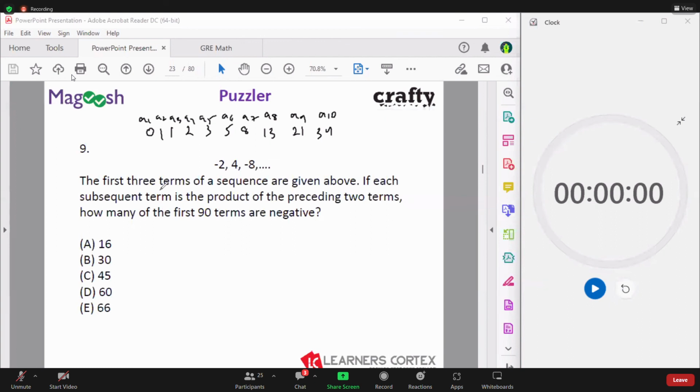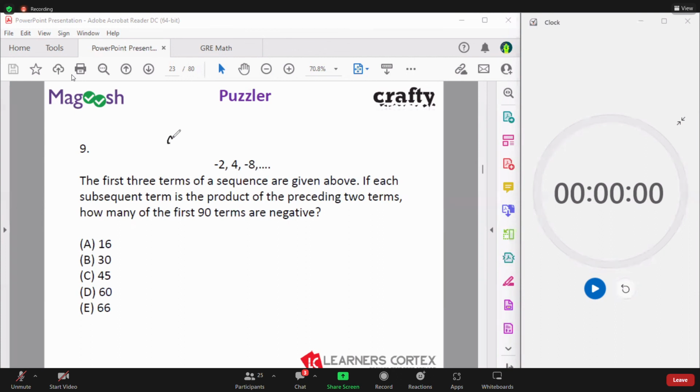Now, in a Fibonacci series, starting from the third term, the value of the third term is the sum of the second term and the first term. Similarly, the fourth term will be the third term and the second term added together, and subsequently all of the terms. So this here is a recursive series. This is a very common recursive series, and similarly you can get any other.